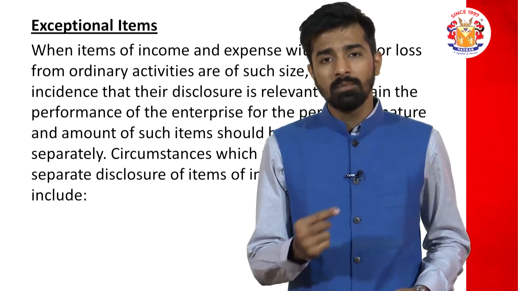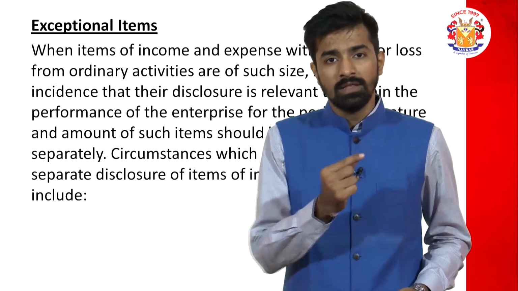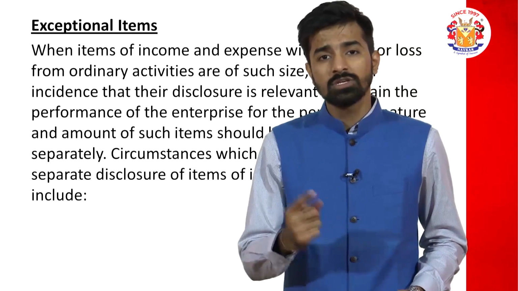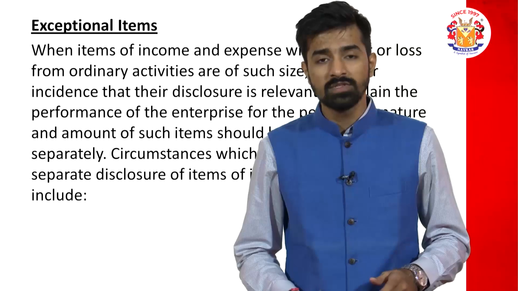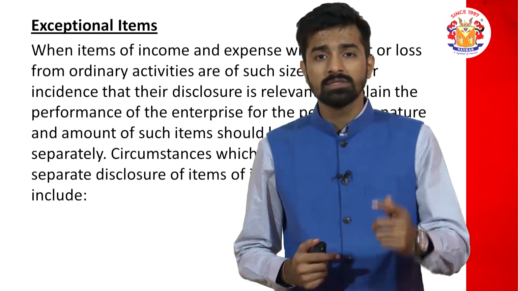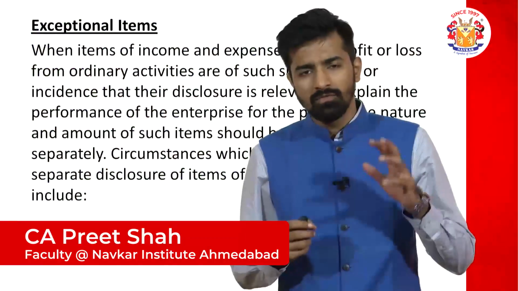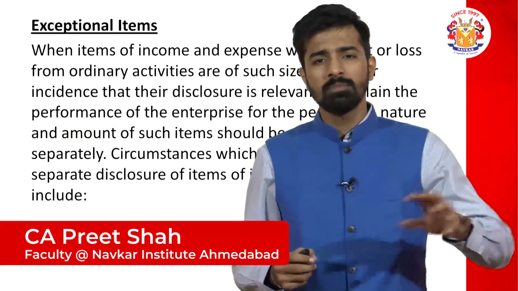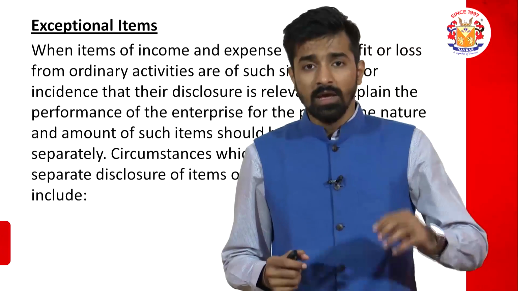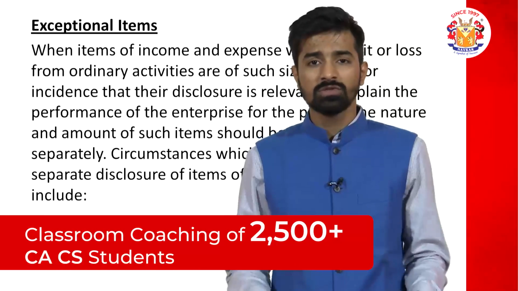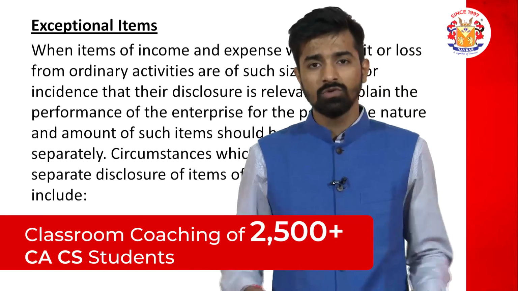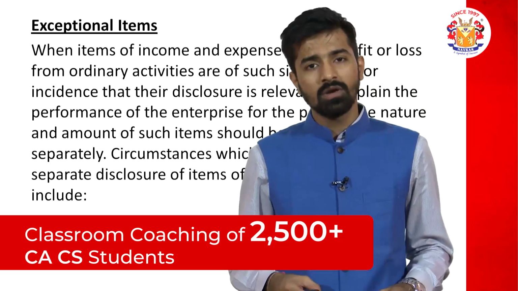Because even though they are a part of your ordinary activity, they are of such size, nature or incidence that the disclosure is definitely necessary. For example, if there is a huge profit or a huge loss due to sale of fixed asset, it is a part of your ordinary activities.